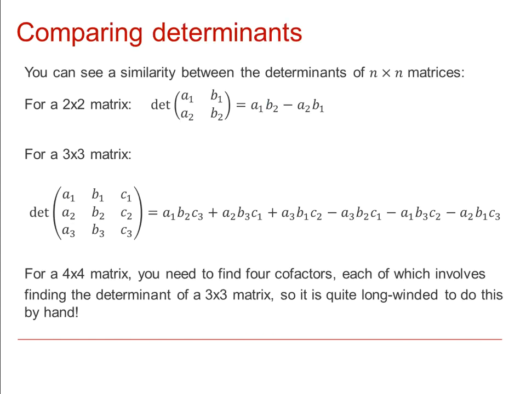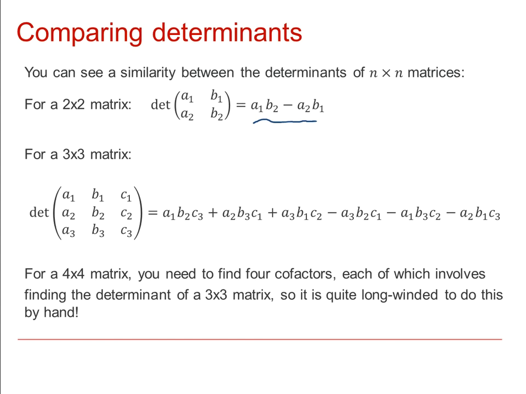Now, although the methods look quite different for 2 by 2 and 3 by 3 matrices, they are in fact just extensions of each other. Just that for a 2 by 2 matrix, it's very straightforward. However, we're doing exactly the same thing with the 3 by 3, working out the elements multiplied by their cofactors.